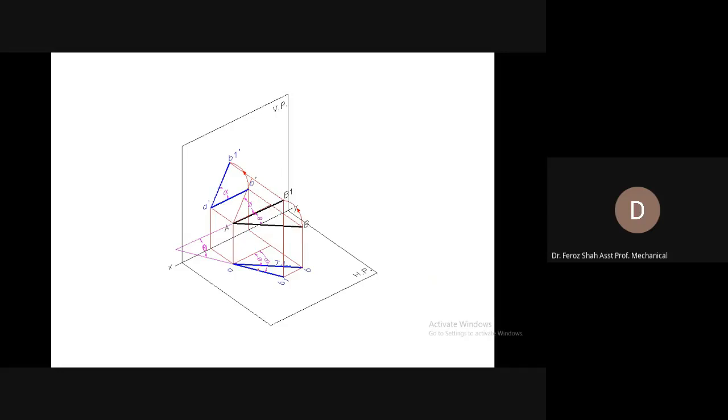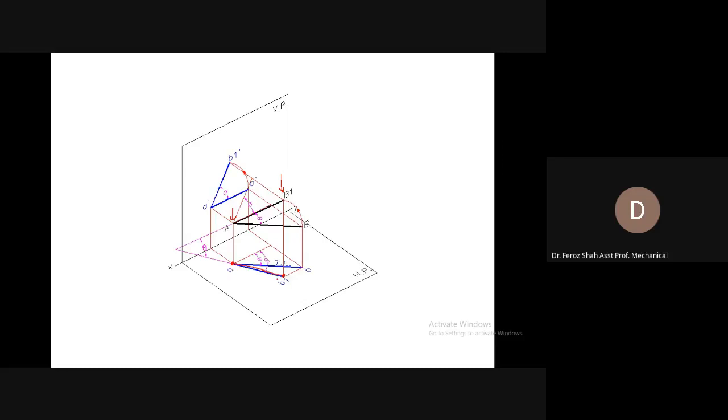Now look at the top view. The top view of end A will come exactly at the same position because you haven't moved it. But look at the top view of end B1. It would be drawn at this position, and when you join these 2 points, you will get the new top view, which is AB1.